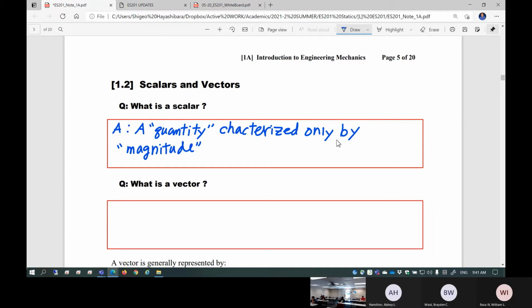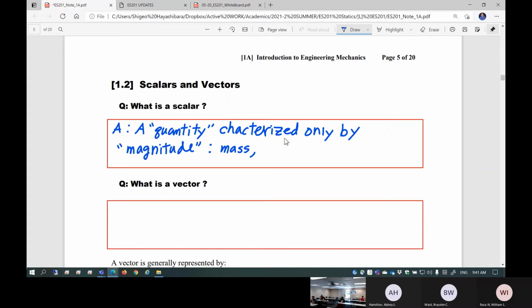Okay, so this is a quantity characterized only by magnitude. A good example is mass. That has a kilogram or slug or whatever. We talked about that, right? What is the standard unit of mass in the United States? Slug. If you walk out of this classroom and start using slugs casually, people look at you and say, what are you?